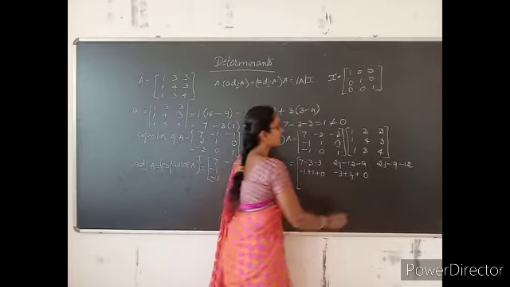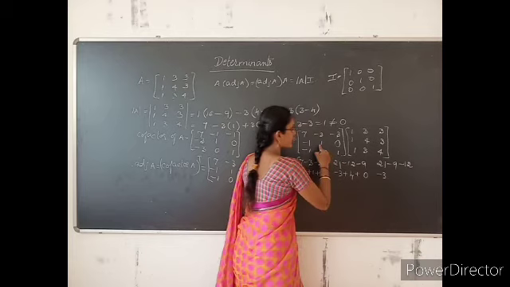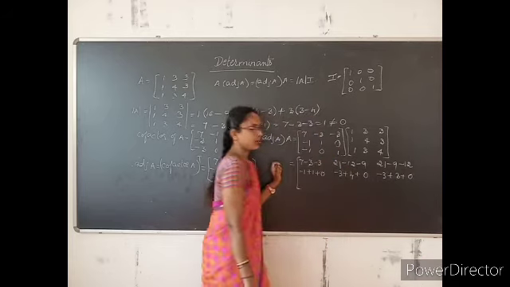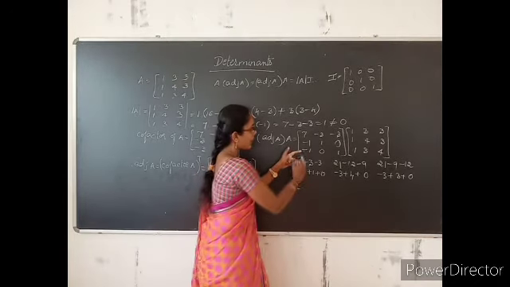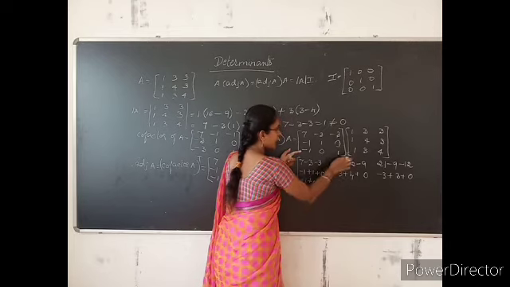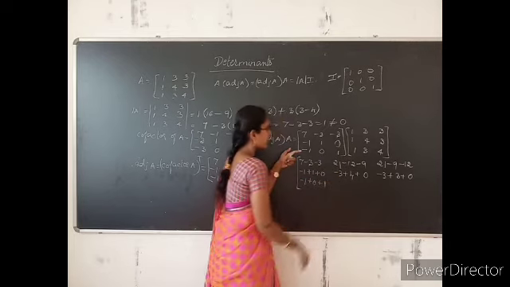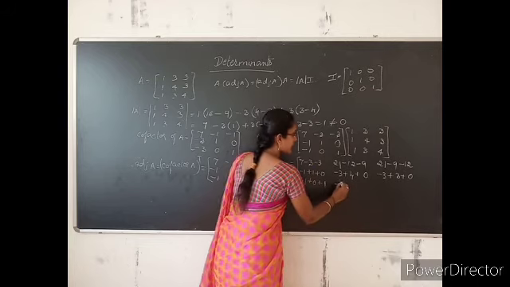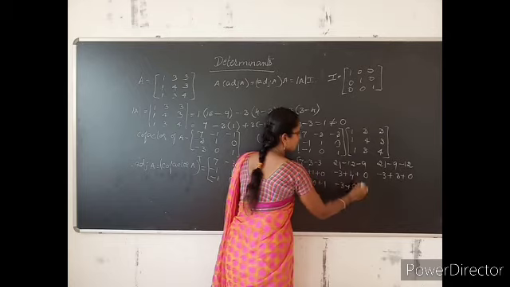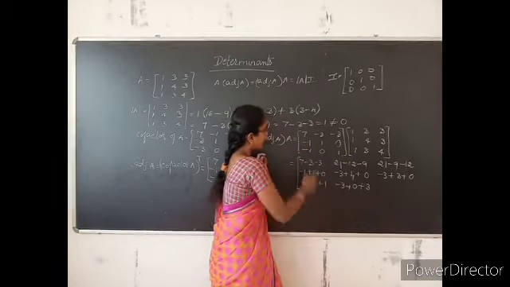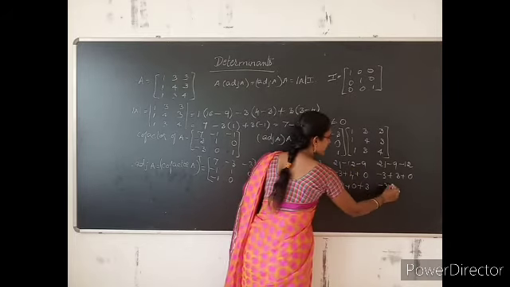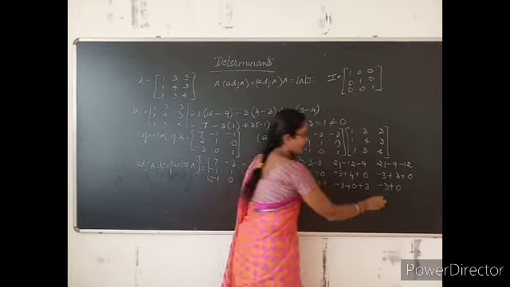Minus 1 into 3 is minus 3, plus 1 into 3 is 3, plus 0 into 4 is 0. Next, last row. Minus 1 into 1 is minus 1, 0 into 1 is 0 and 1 into 1 is 1. Minus 1 into 3 is minus 3, plus 0 into 4 is 0, plus 1 into 3 is 3. Minus 1 into 3 is minus 3, 0 into 3 is 0, plus 1 into 4 is 4.